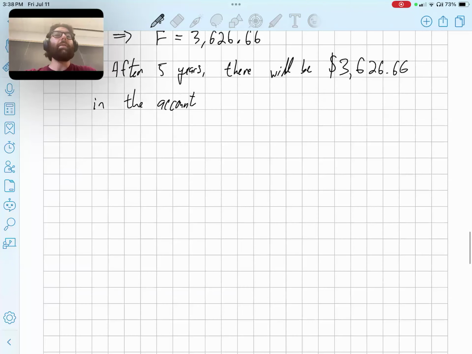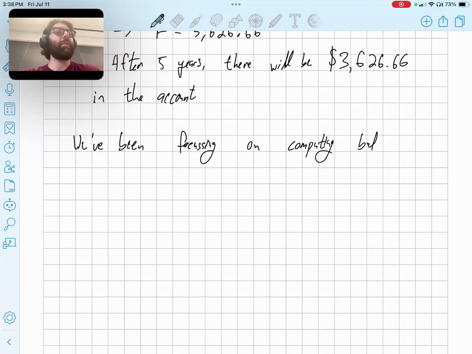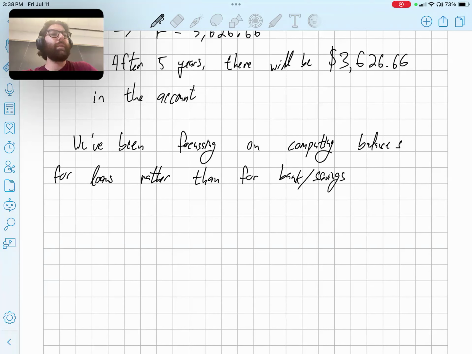Okay. And one last thing I want to mention, we've been mostly focusing on computing balances for loans rather than for bank or savings accounts.